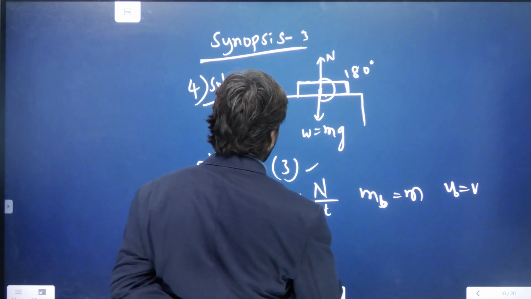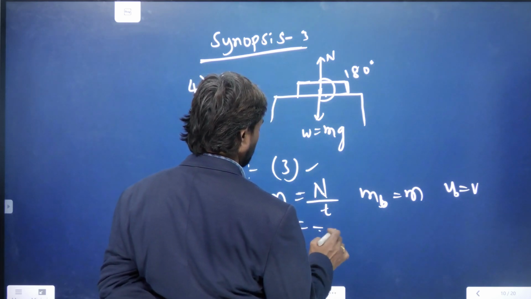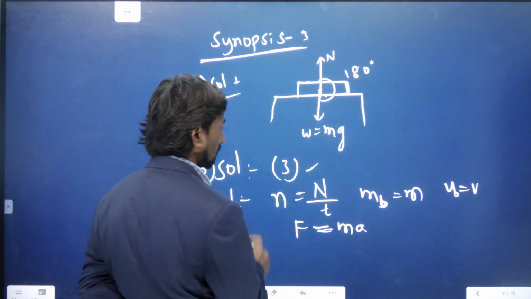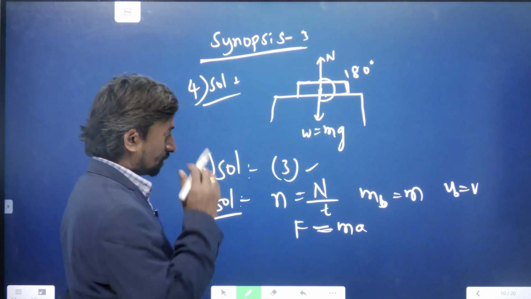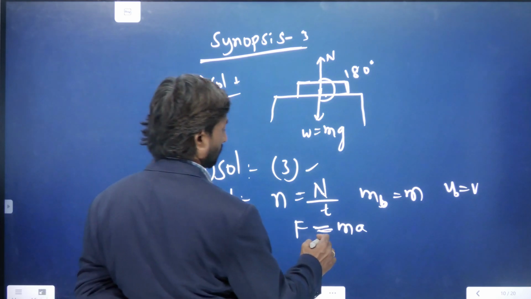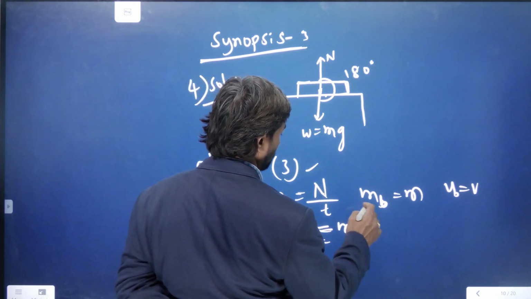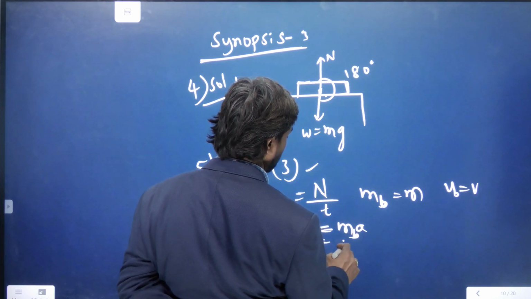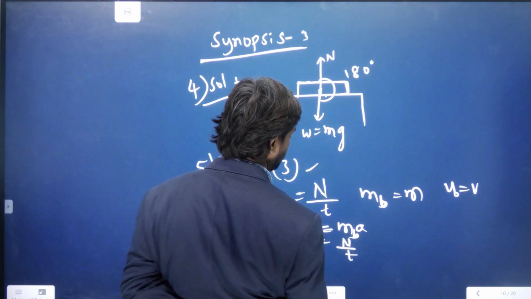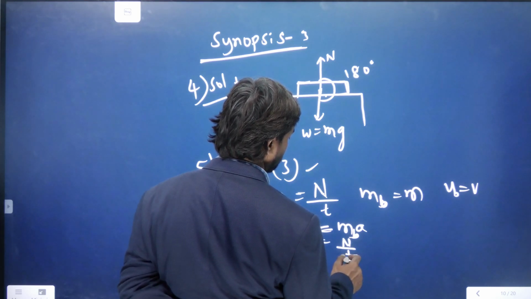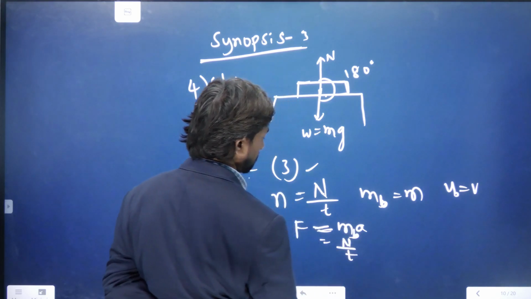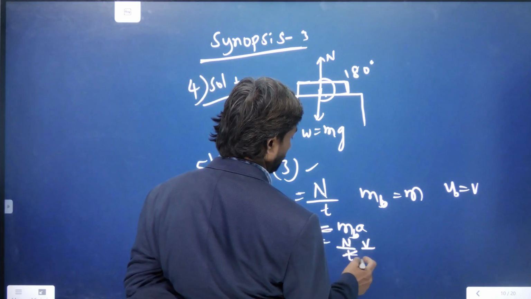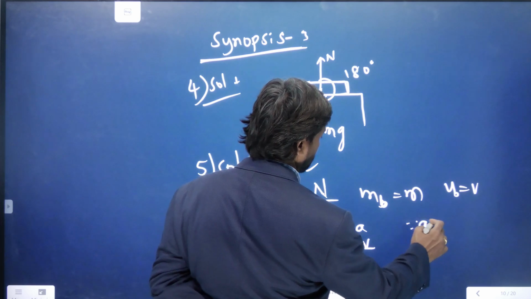The force formula: F is equal to mass into acceleration. The mass of the bullet is mb, and the number of bullets per unit time is n by t. Acceleration is nothing but v by t, so a is equal to v by t.